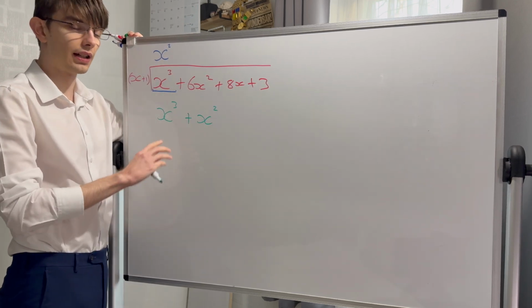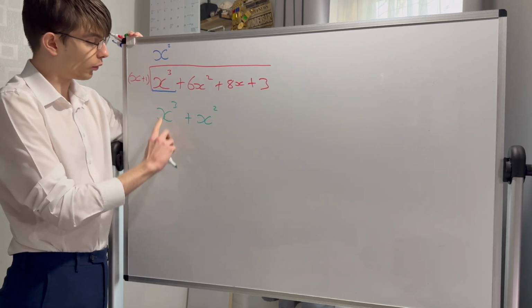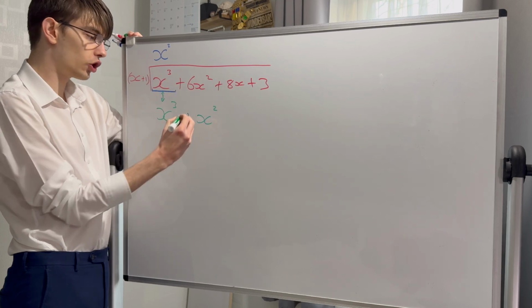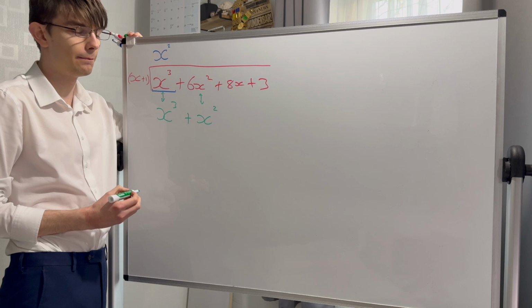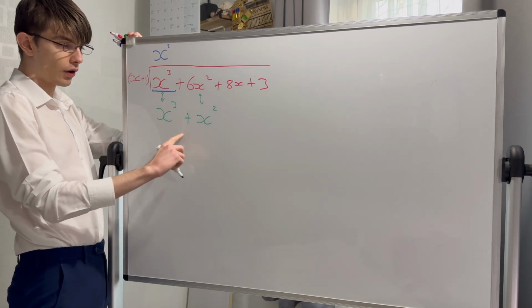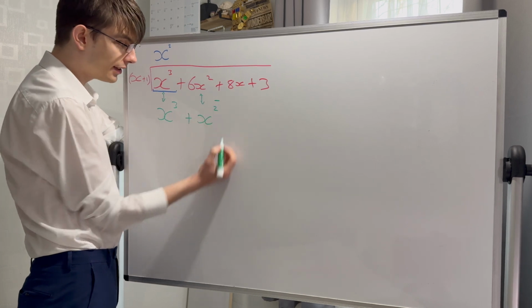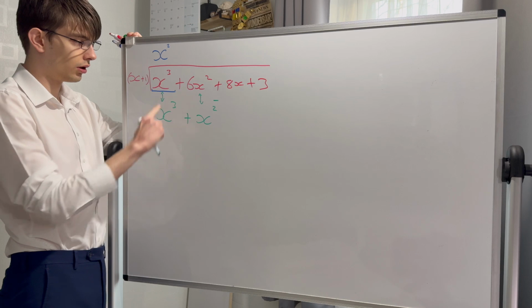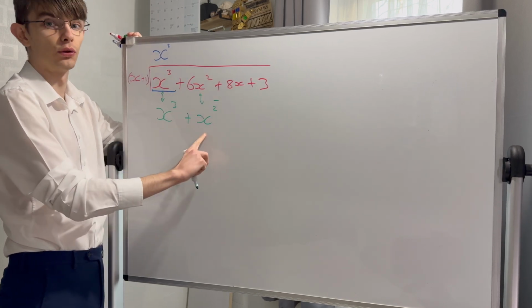It's very important that you write this out in a very specific way, that you map our x cubed terms on top of each other and our x squared terms on top of each other. Okay? Because once I've got this written out, I'm going to subtract this red equation from this green equation here.